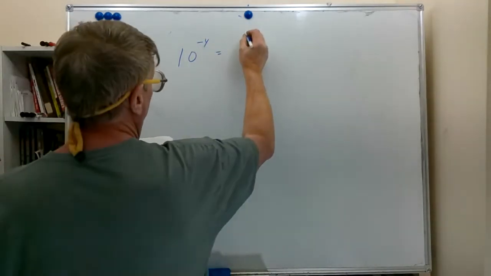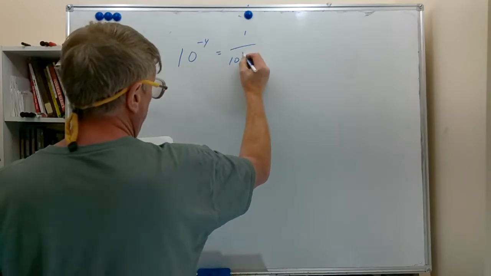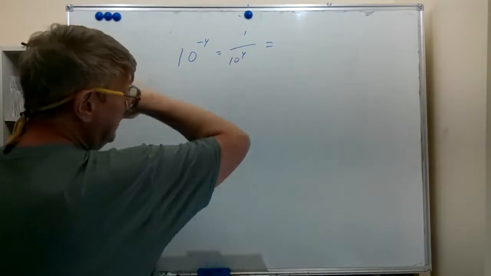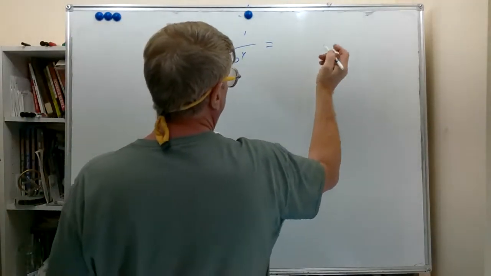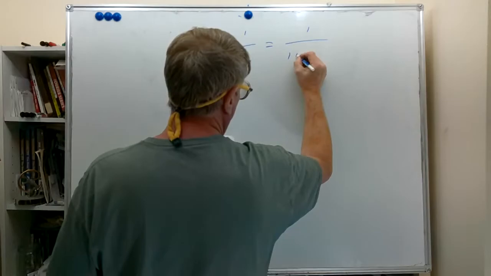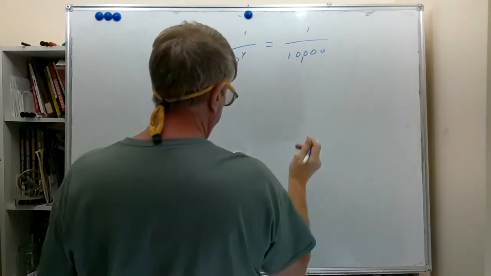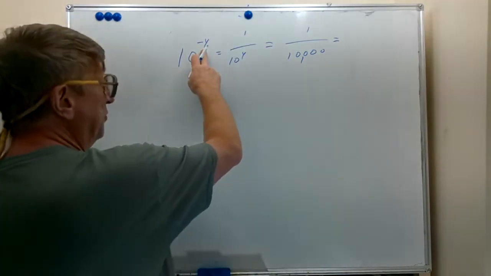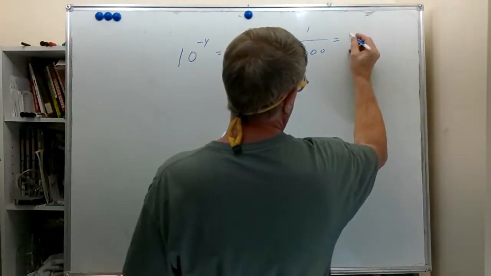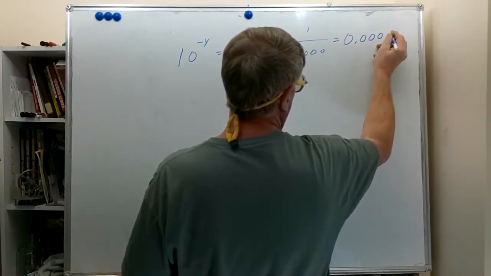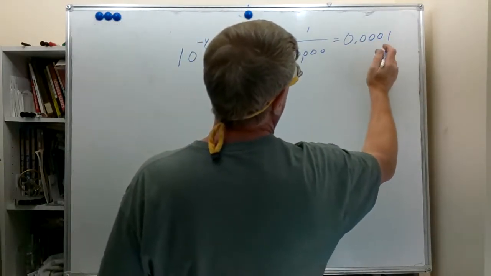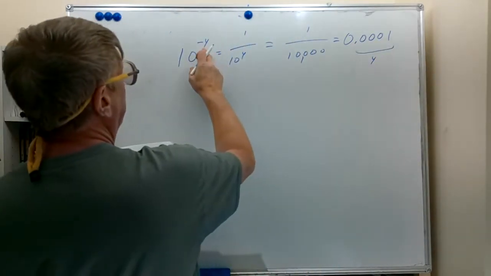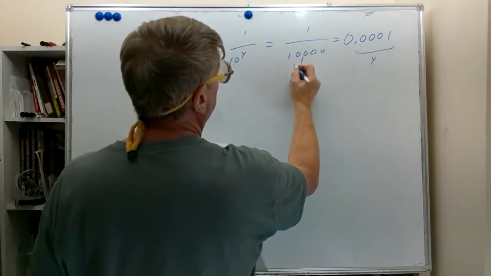That's equal to 1 over 10 to the 4th, which is also equal to, remember, now we're dealing with a positive exponent, 1 over 1 and 4 zeros. 10,000, which is also equal to, because this is a negative number, we're talking about decimal places, 0.0001. 4 decimal places. A negative 4, positive 4, 4 zeros.